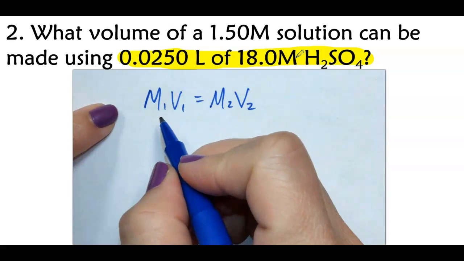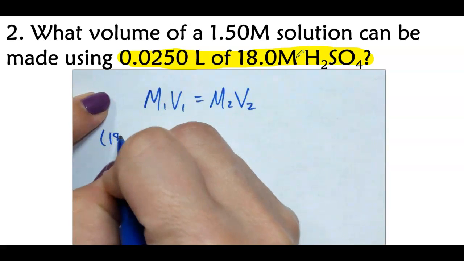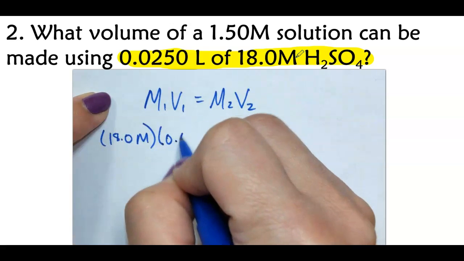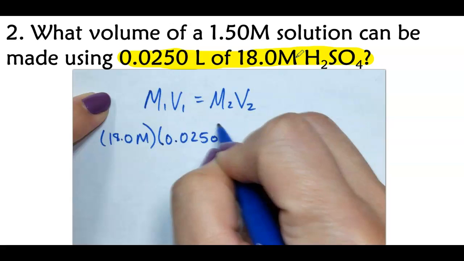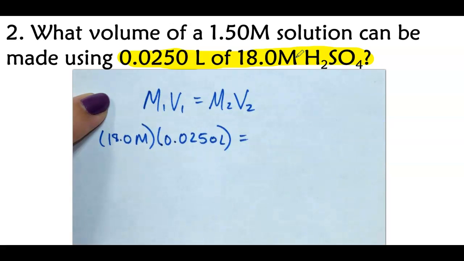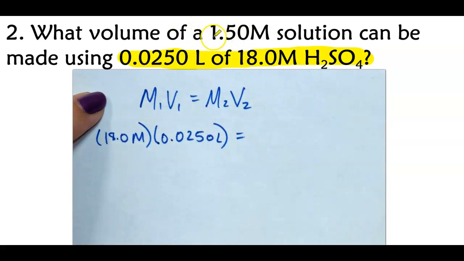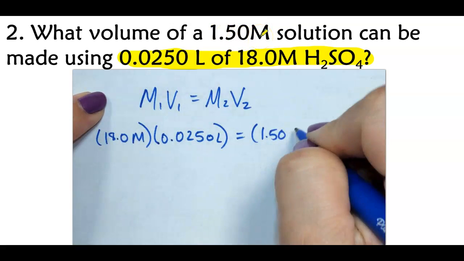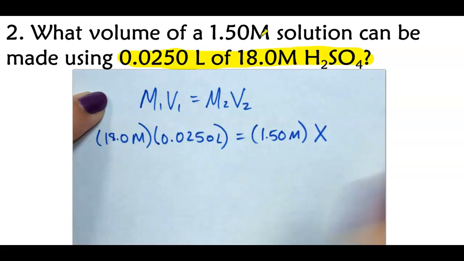And so my M1 will be 18.0 molar, and my V1 is 0.0250 liters, equals, and then I can look at the rest of the question and get my M2. Here it is, 1.50 molar is my M2, and therefore I must be looking for V2. And it does say what volume. So yes, we're looking for V2.